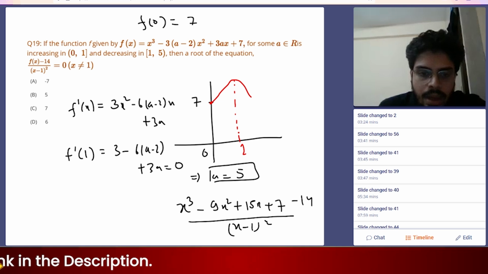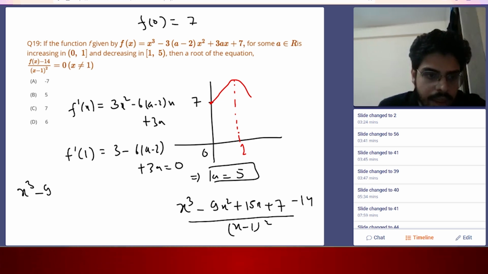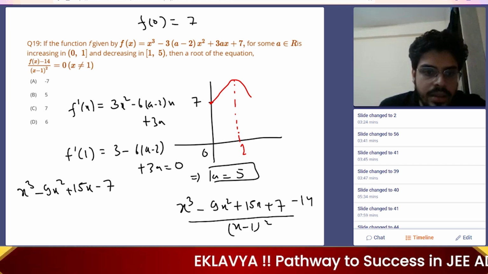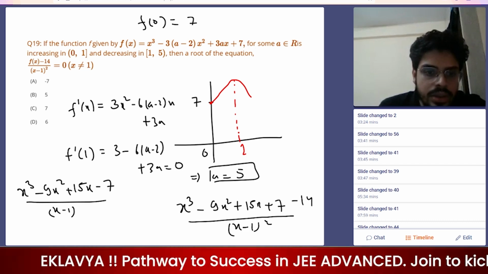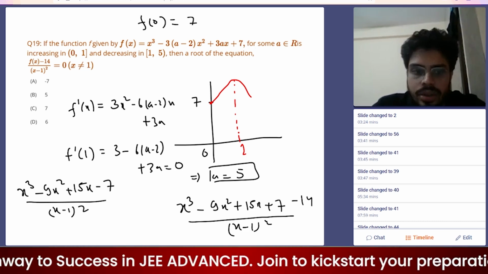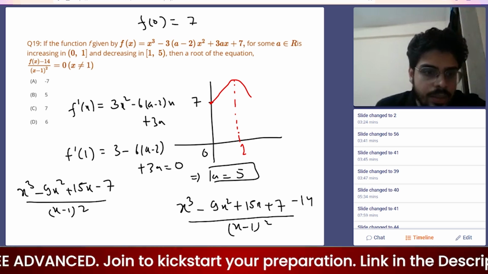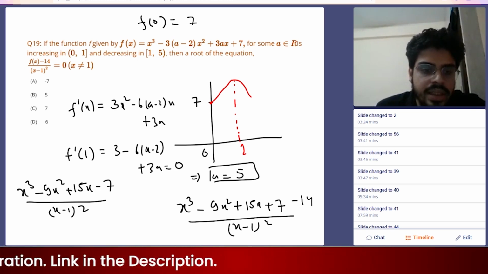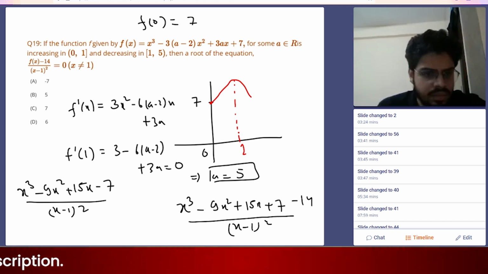The numerator is a cubic equation. In a cubic equation, how do we find the roots? We have to put x equal to 0, x equal to 1 like this. So let us put x equal to 1. So 1 minus 9 plus 15 plus 7 minus 14.